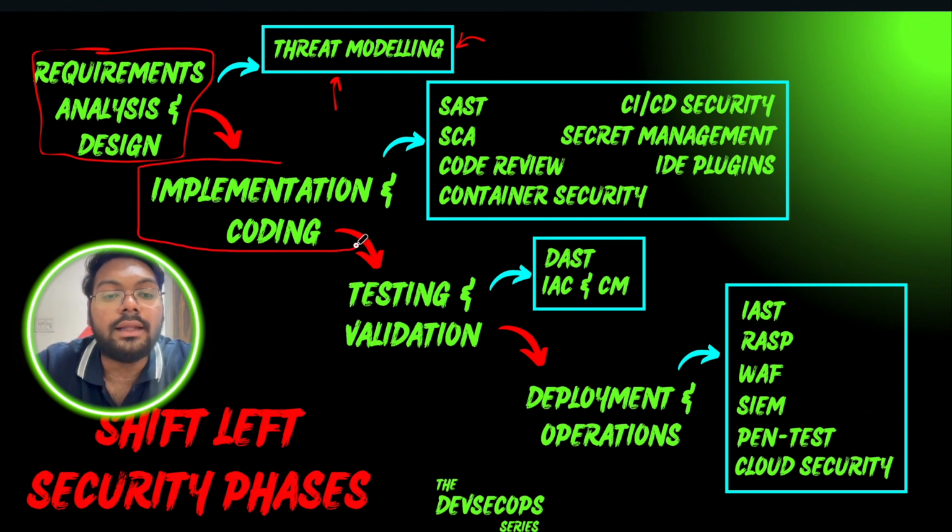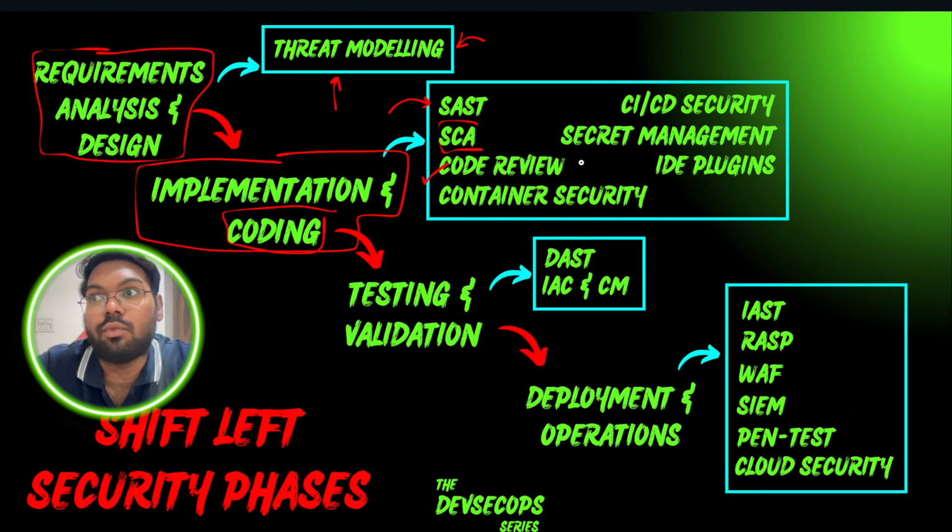Then in the implementation and coding phase, we can apply SAST, SCA. Then code review can be done, because coding is part of this phase, so code reviews are a must. Some intern will write some code, and unless it is reviewed or verified by some senior, it is very dangerous to put that code in production.